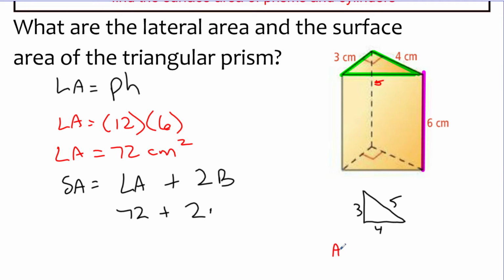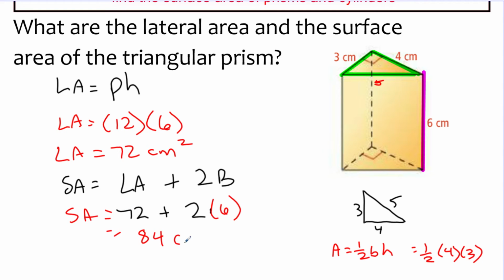All triangles can be found by doing 1/2 the base times the height, which for us would be 1/2 of 4 times 3. Well, that looks like 6, right? Half of 12 is 6. So the area of one base is 6. So the area of two bases is 12, and if I do 12 and 72, I get 84 centimeters squared.